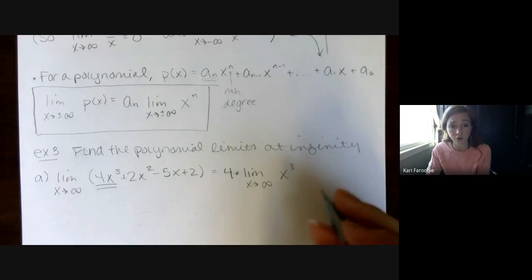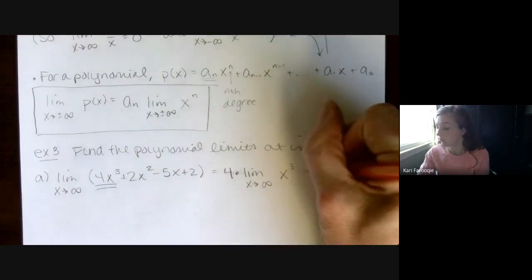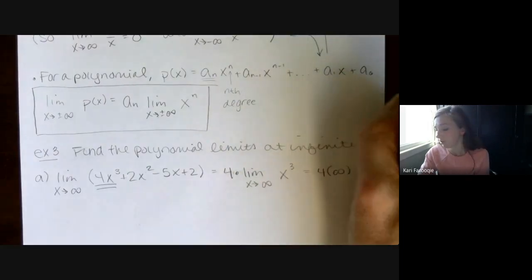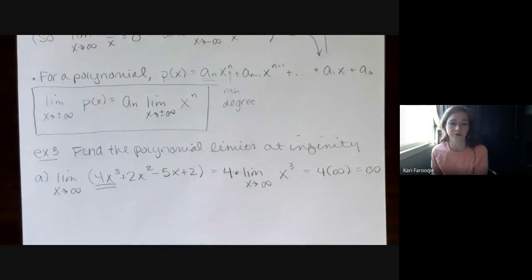If you feel comfortable saying that, fine. 4 times infinity is still infinity. So you just need to get used to working through your infinities here and multiplying infinities by both positive and negative integers. In this case, we're just taking 4 times infinity and getting infinity.